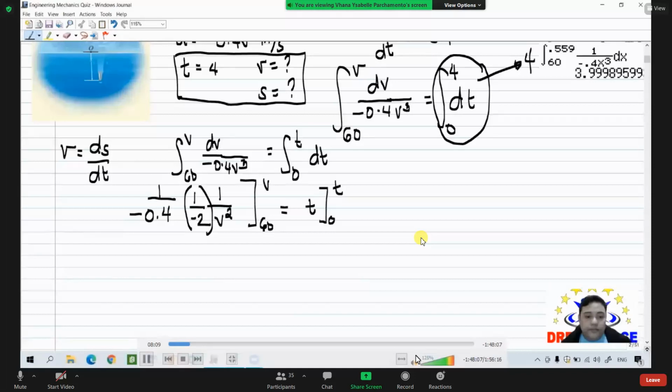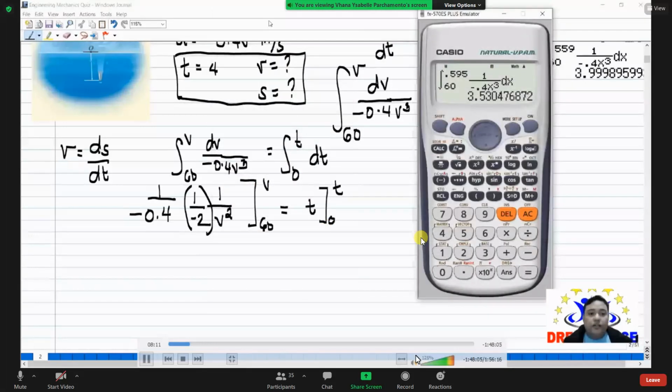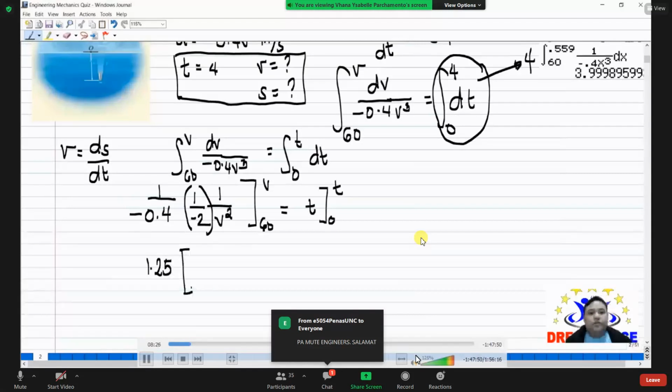Okay? Ayusin lang natin. 0.4 raised to negative 1 times 0.5. So, hindi ko nalalagay yung negative. So, that is 1.25 multiplied by the quantity. So, that is, yung mauna is yung upper limit minus lower limit.